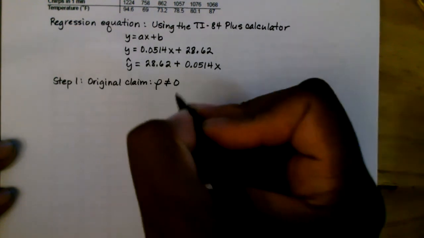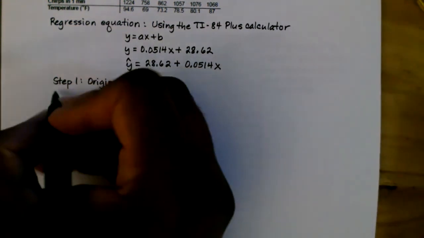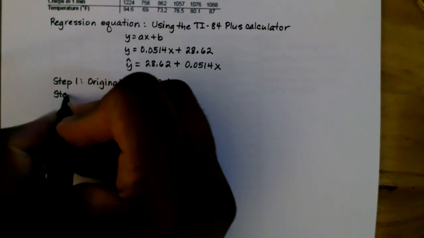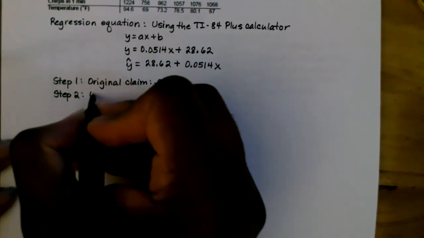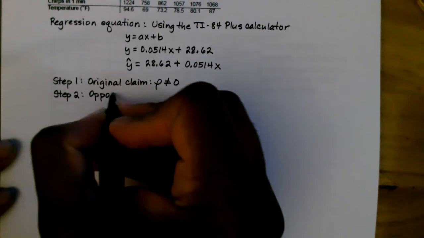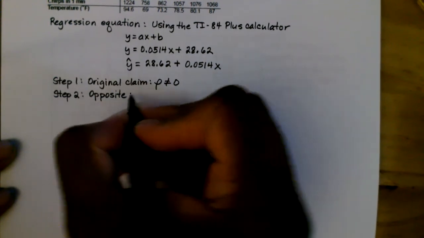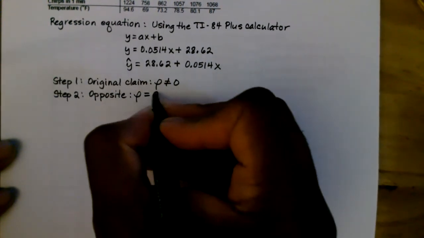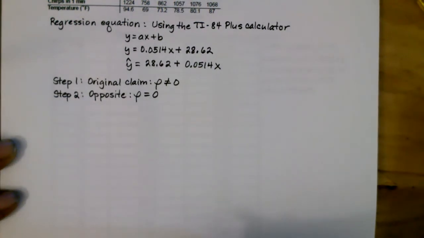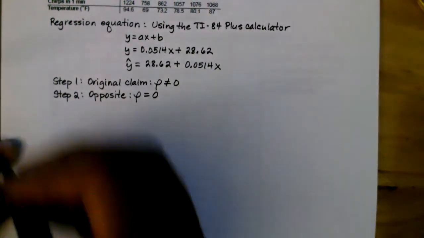So that means rho is not equal to 0. Step number 2 is the opposite of the original claim. And that's just going to be rho is equal to 0. Not equal to, its opposite is equal to.